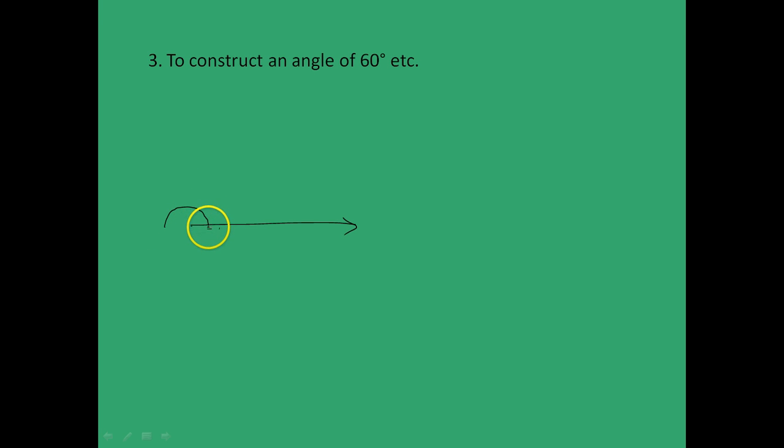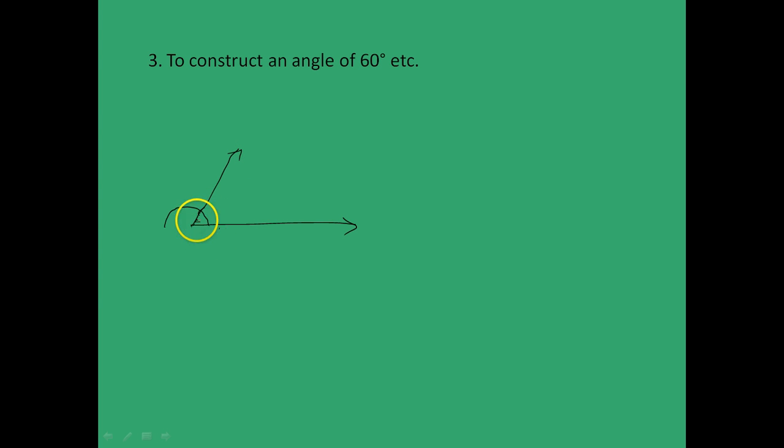Now with the same radius but this point as the center, cut the initial arc. And now with this point, join these 2 points and extend this ray. This angle right here is equal to 60 degrees.